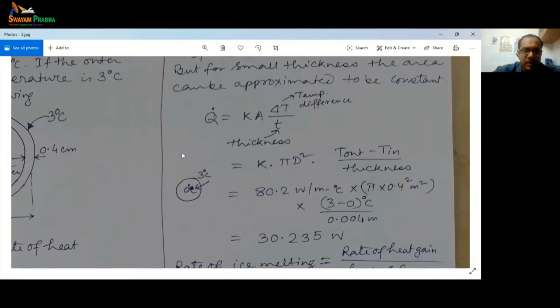So heat is coming from outside and the outside wall is given to be 3 degrees centigrade, while the inside is maintained by ice water at 0 degrees centigrade. So both T out and T in are given, 3 degrees centigrade and 0 degrees centigrade. And in the denominator we have the thickness, that is also given to be 0.4 centimeter.